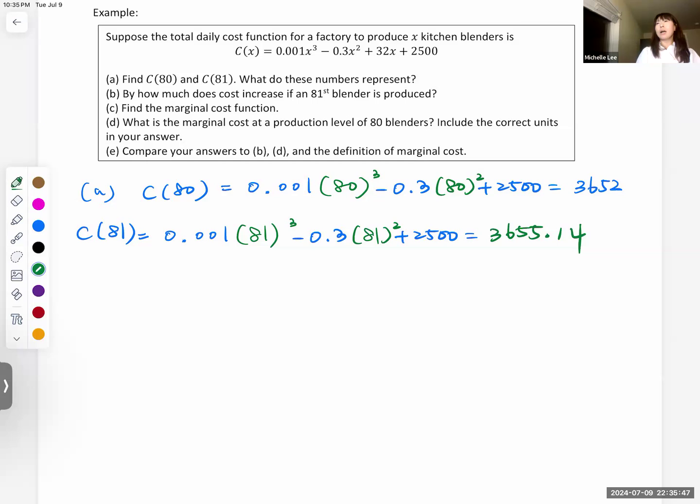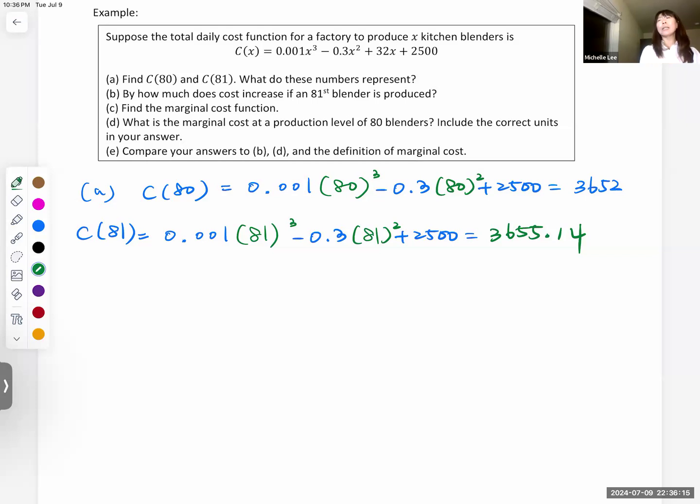Okay, now what do these numbers represent? They're selling 80 blenders, then their cost is $3,652.